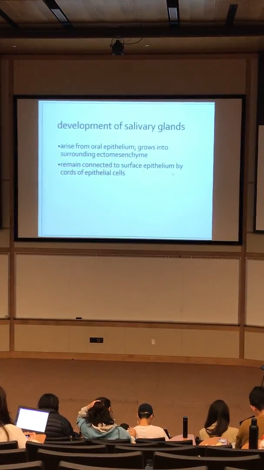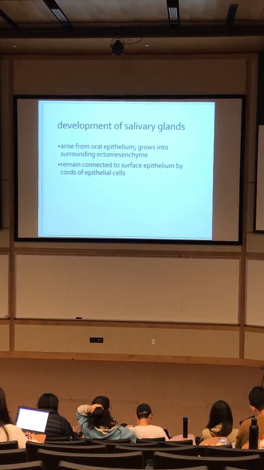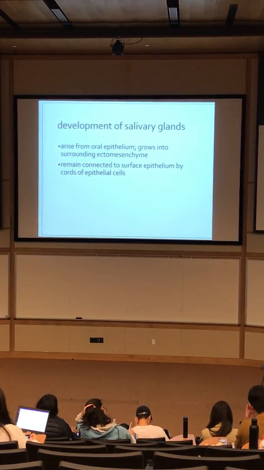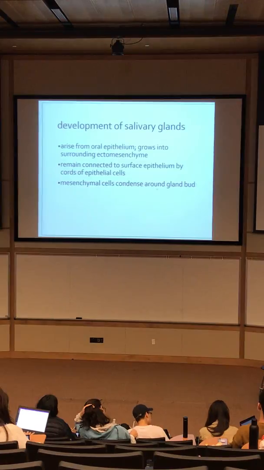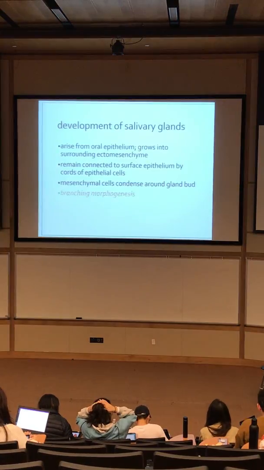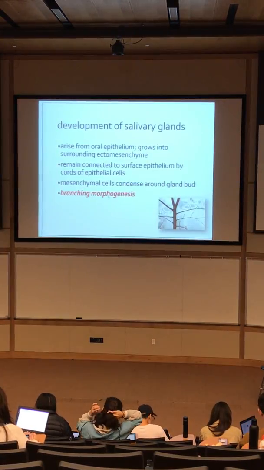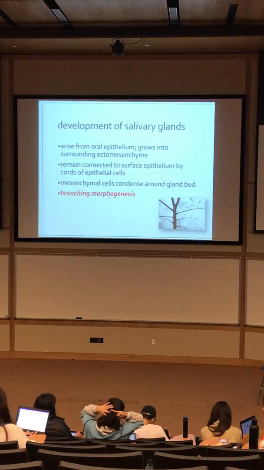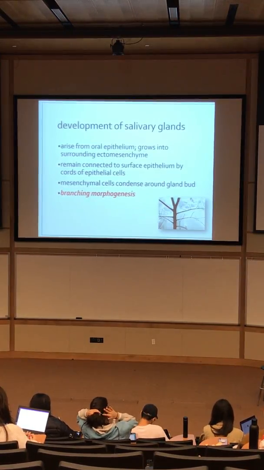Now, salivary glands, since they are exocrine, have ducts, as we've already seen, and so those ducts are going to maintain their contact to the epithelium from which the gland grew. The mesenchymal cells surrounding the little glands will condense around the gland and form a capsule around the gland. The type of growth that we observe in salivary glands has been called branching morphogenesis.